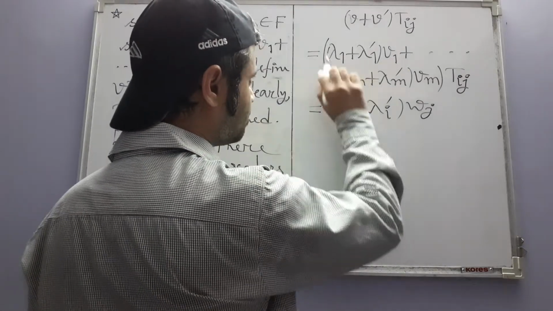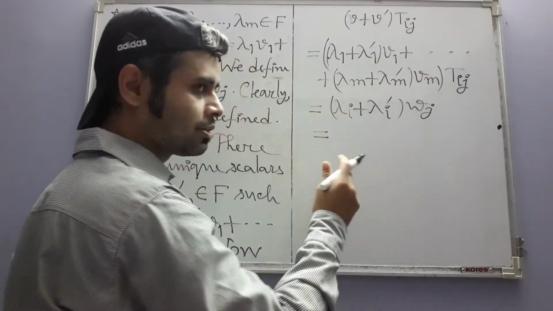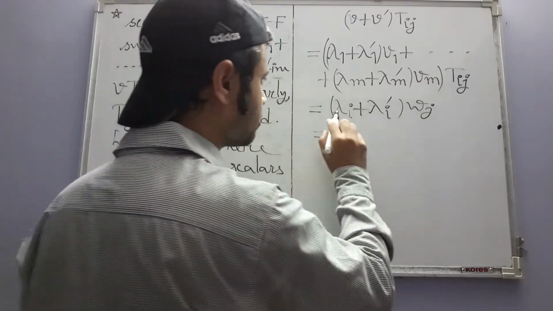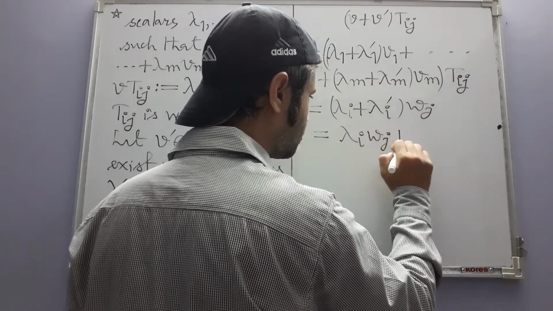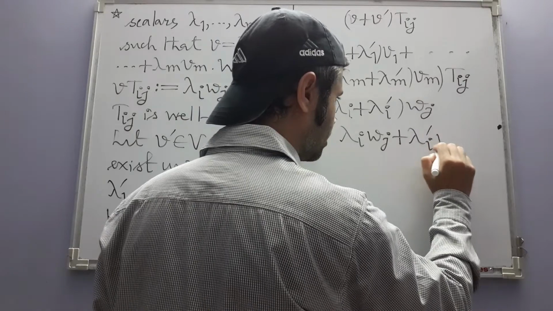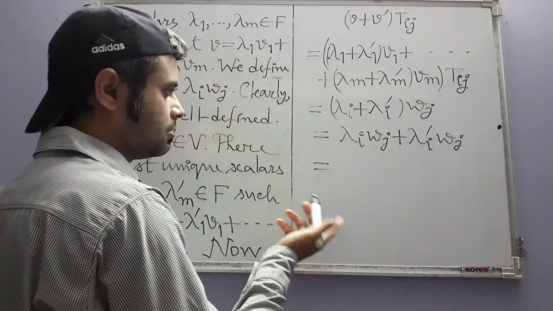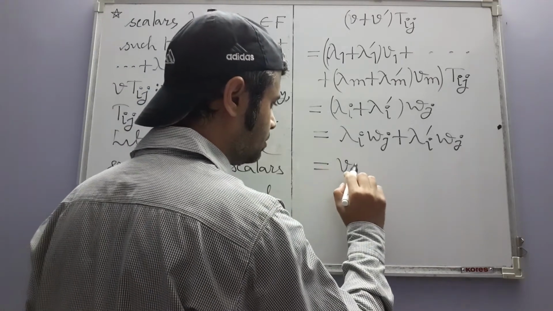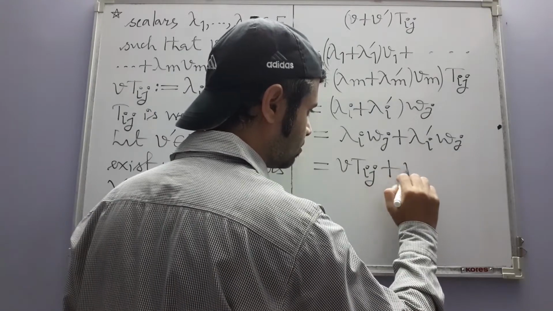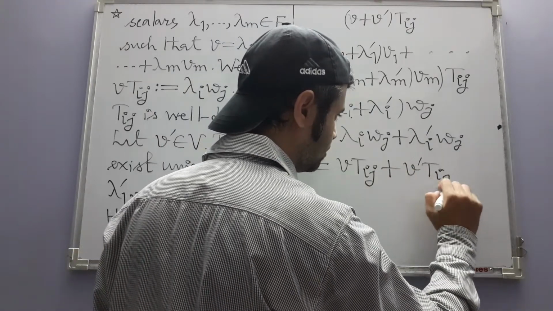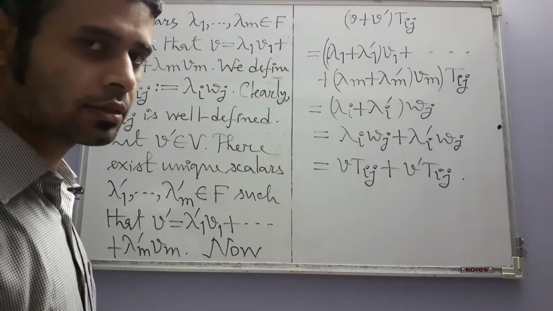Now whatever axiom we said we used here, that same thing is also true in the second space W. So in place of this we can write lambda i wj plus lambda i prime wj, and this thing is simply the Tij image of v, and this is the Tij image of v prime. So Tij actually does respect vector addition.